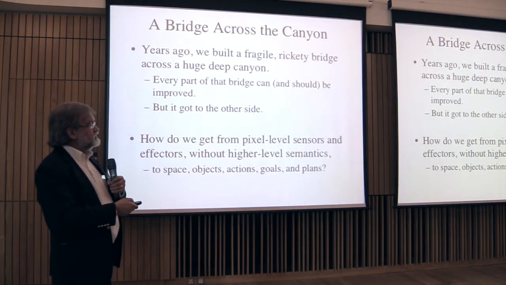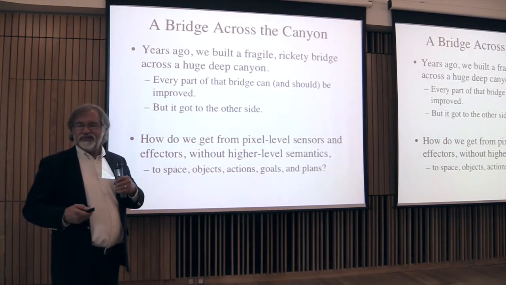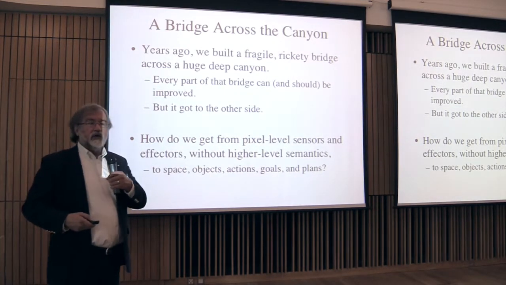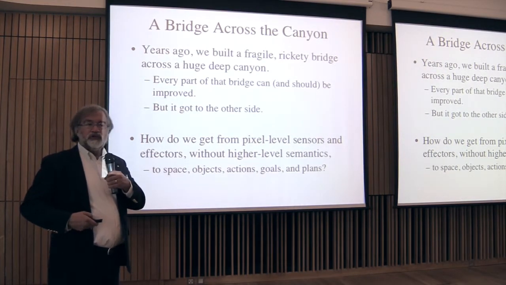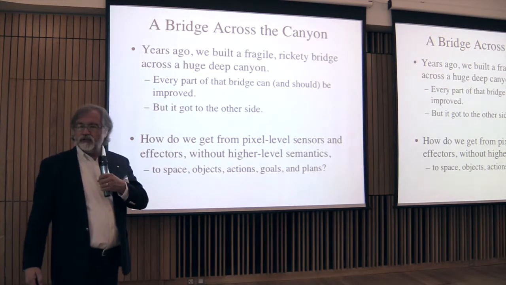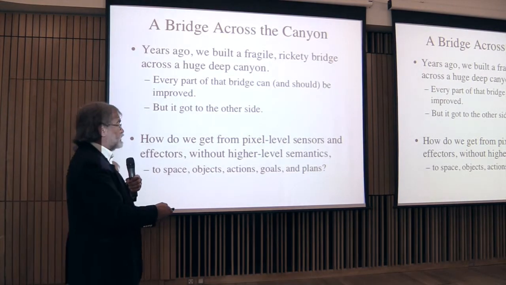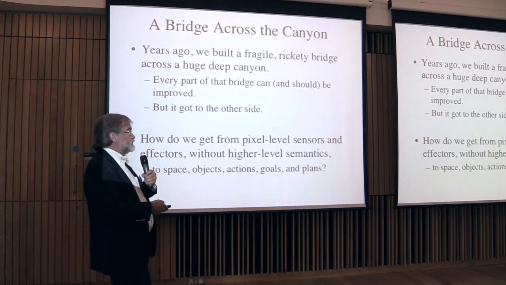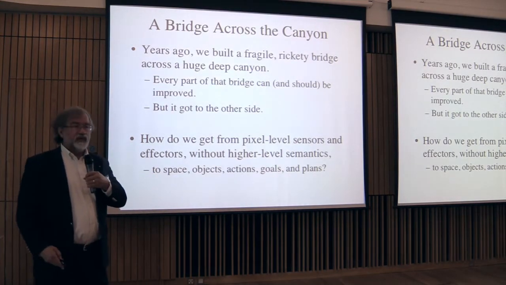And every part of that bridge was a hack in some sense, perhaps, and could and should be improved, but it actually got all the way across to the other side. And so that's part of what you need in order to go on and replace the fragile, rickety bridge with a big, solid, well-engineered one. And so our goal here is to go from pixel level sensors and effectors with no higher level semantics up to space, objects, actions, goals, and plans. That's our job.